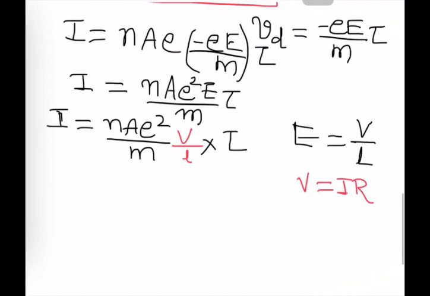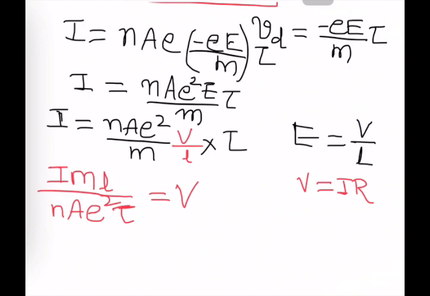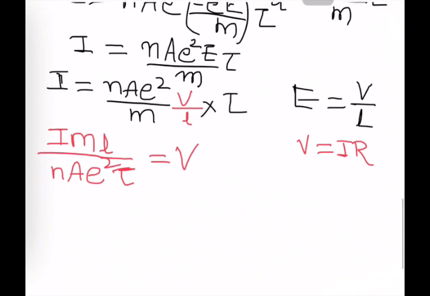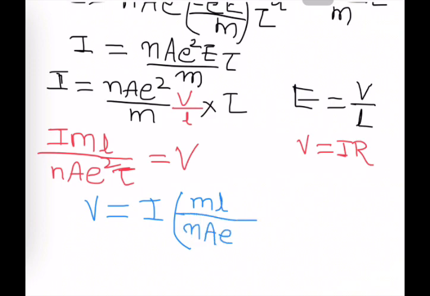Hence solve this equation for V. Cross multiplying and bringing everything to the left hand side, we get I into m into L, divided by nAe square tau, equal to V. Therefore, write it neatly as V is equal to I into all the remaining terms, mL divided by nAe square tau.